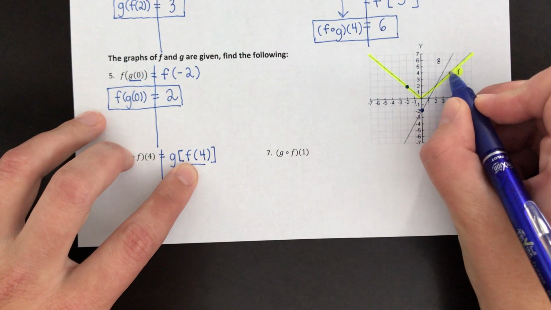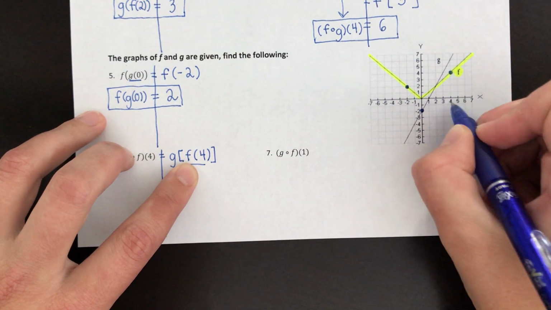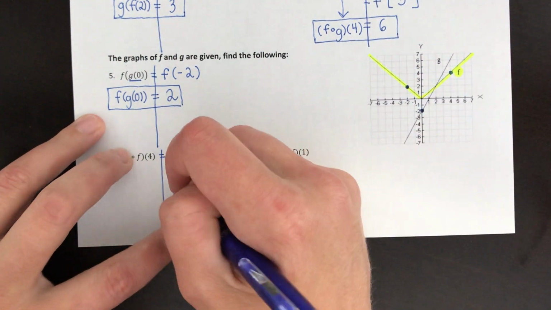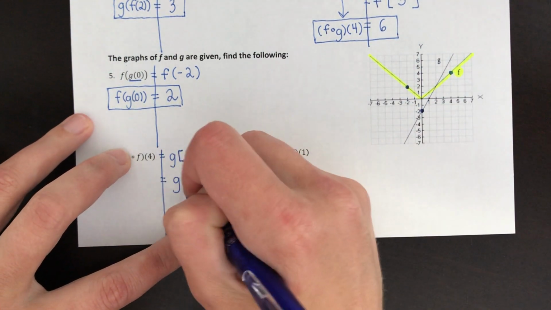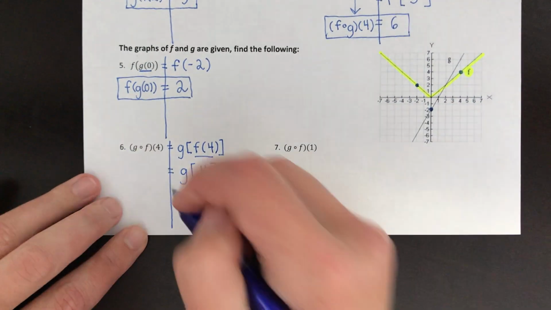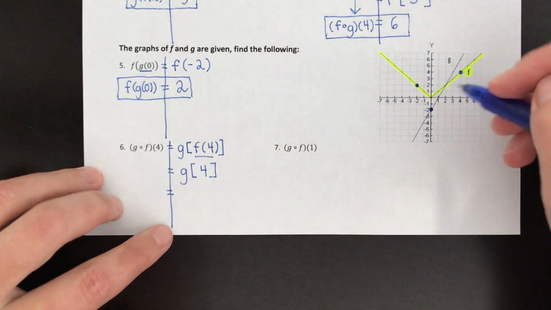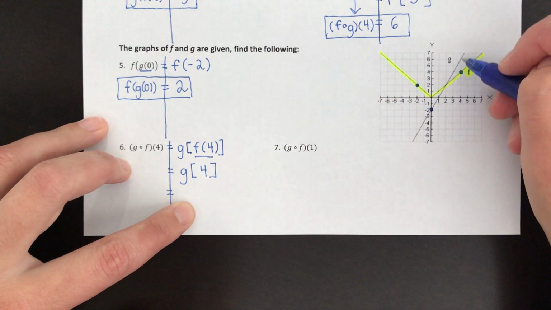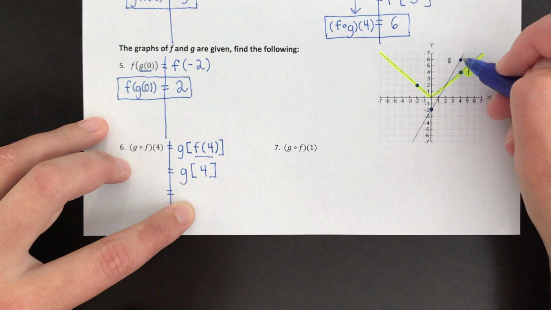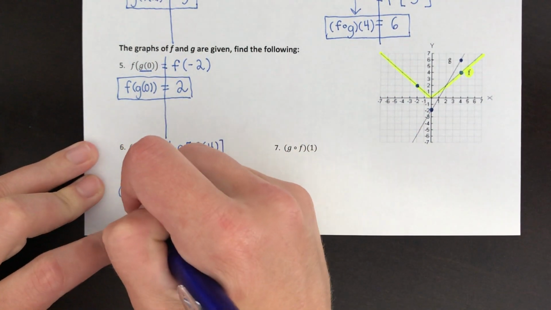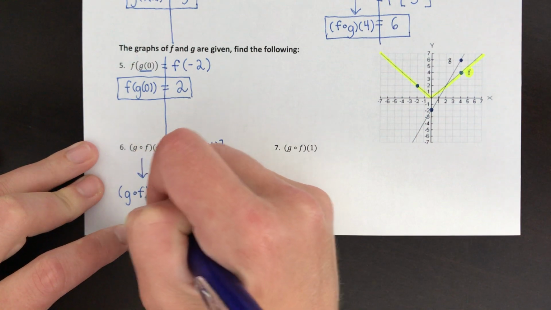So that's the yellow one. So I come up here to the F graph. When my input is 4, what's my output? What's my y? It's 4. So I replace F of 4 with 4. And then I need to find G of 4. So again, my input is 4. I want the G graph, that's here. And my output then is 6. My y value is 6.